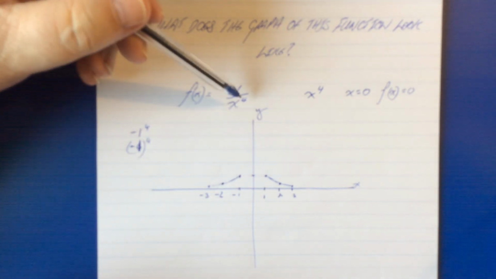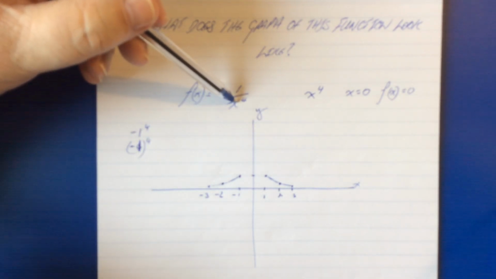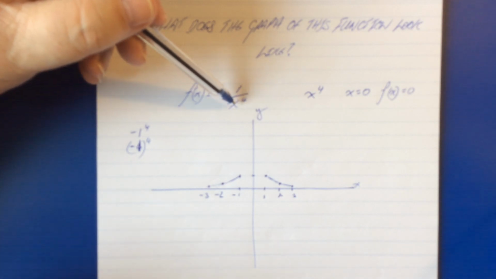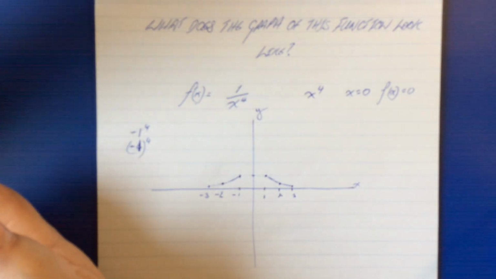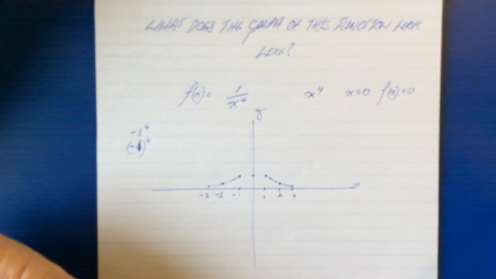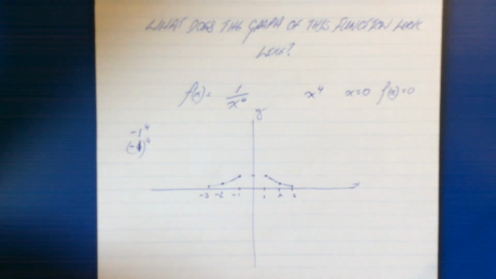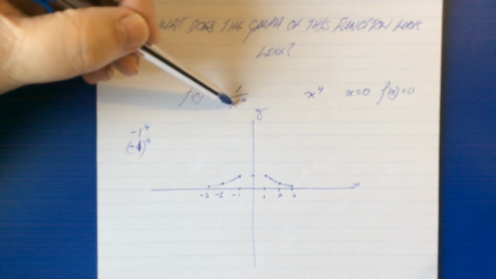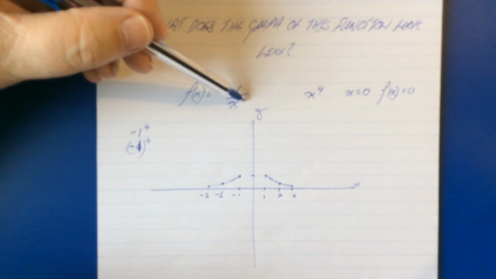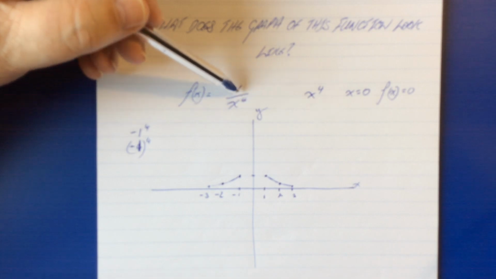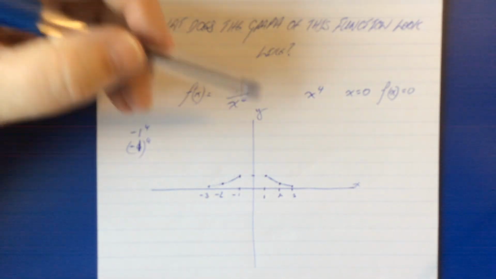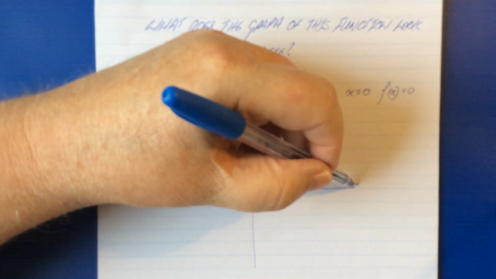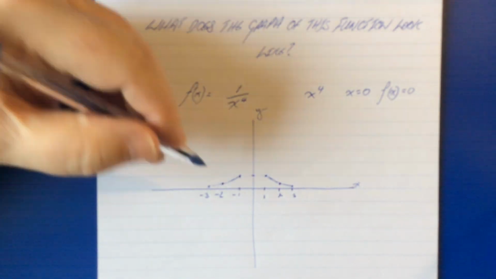Now, no matter what size number we put in here, positive or negative, we're always going to get a result larger than 0. You can put several millions in here, and your denominator can be a string of zeros 100 long, if you like. But 1 over that will be greater than 0. So we can also say that the x-axis will be an asymptote.